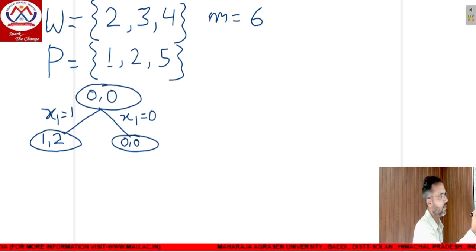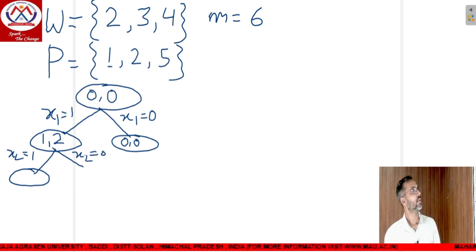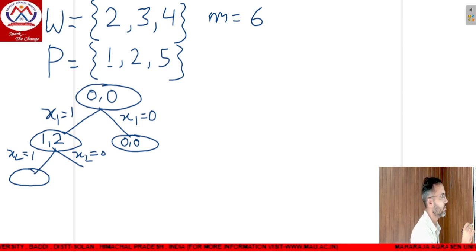Again we make the selection. For the second item, x2 equal to 1 and x2 equal to 0. The weight of the second element is 3.